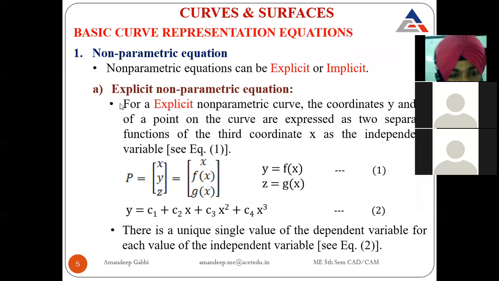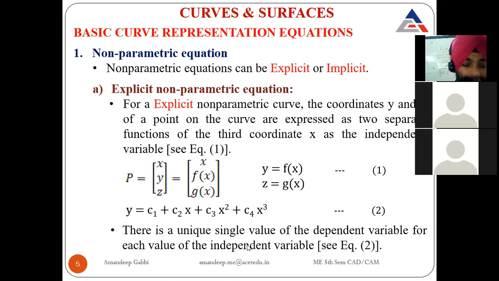Now let us read this. For an explicit non-parametric curve, the coordinates y and z of a point on the curve are expressed as two separate functions of the third coordinate x as the independent variable. So x will be independent and y and z will be dependent on x. Y is a function of x and z is a function of x. So the equation is y equals c1, c2x, c3x and c4x.